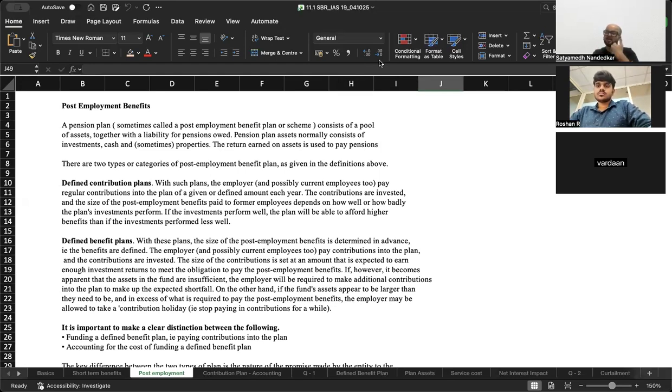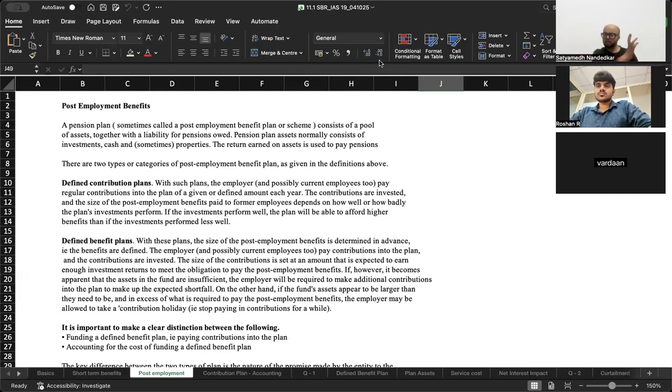I will squander all the money, and when I retire, I will again cry that the government has not done anything for me. So, to prevent that from happening, the government says, you know what, we don't trust you. Every month, if your salary is 1 lakh rupees, a certain percentage of that salary is going to be deposited with the government. That amount will be deducted from your salary.